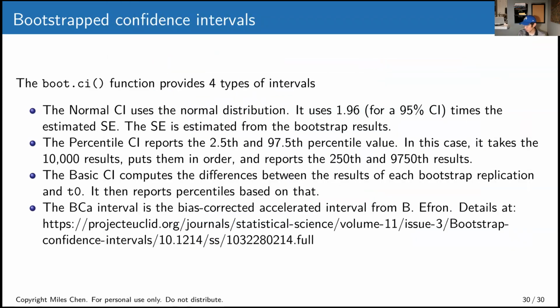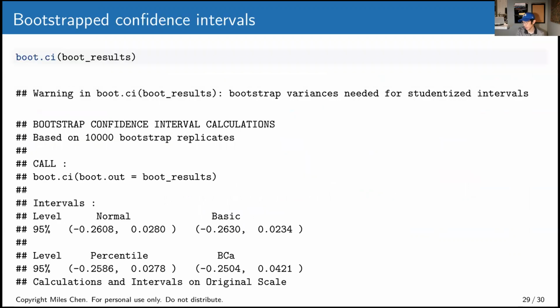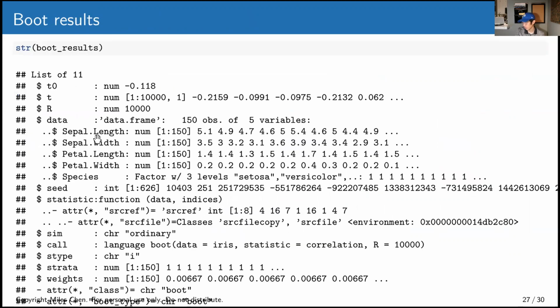But anyway, that is using library boot to perform Bootstrap in R. It's a handy library. Again, a lot of other packages and functions have been written that take advantage of the output format of Bootstrap, so it's expecting data in this form, and it can produce plots and confidence intervals and other features from this.